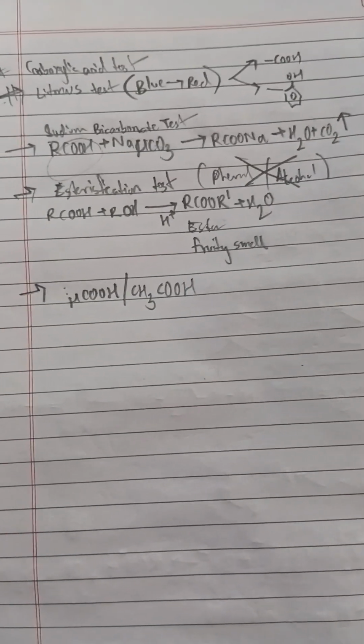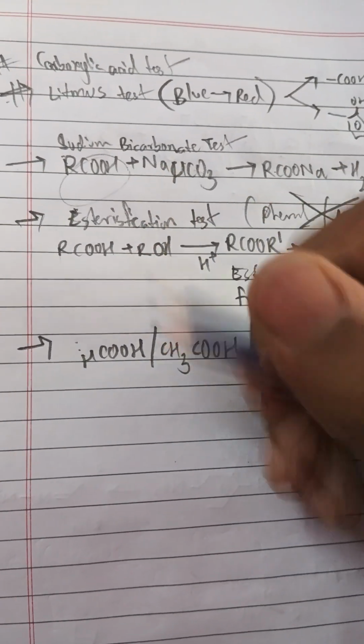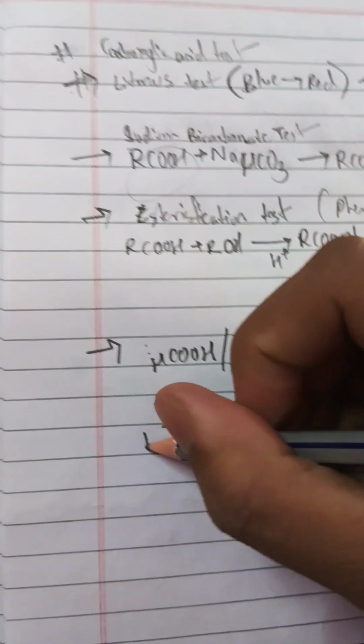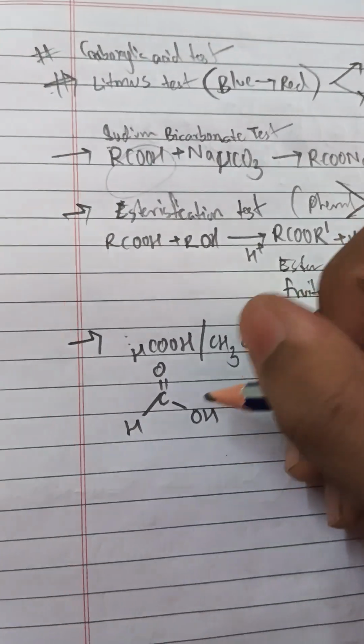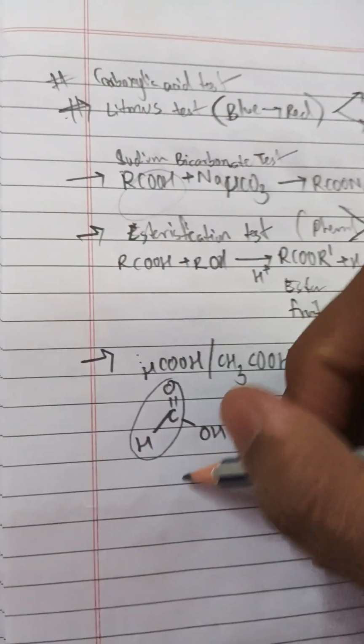So let's do it. For the formic acid, as we can see, which test will it give? We have to see the structure. How is the structure of this? Can you see something here? Exactly.